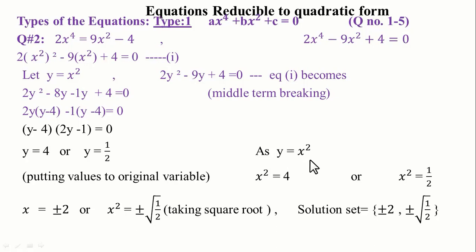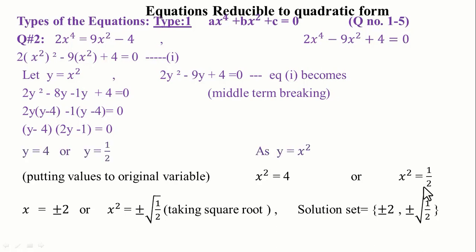As y is equal to x square, putting the original value, the equations become x square is equal to 4 or x square is equal to 1 upon 2.